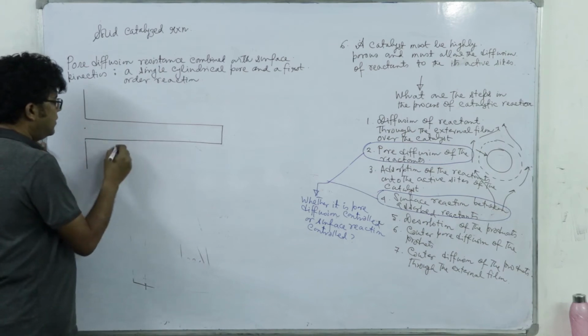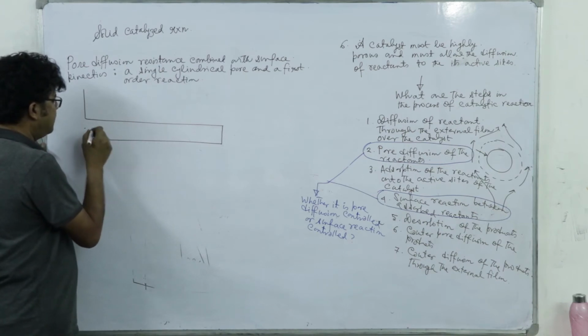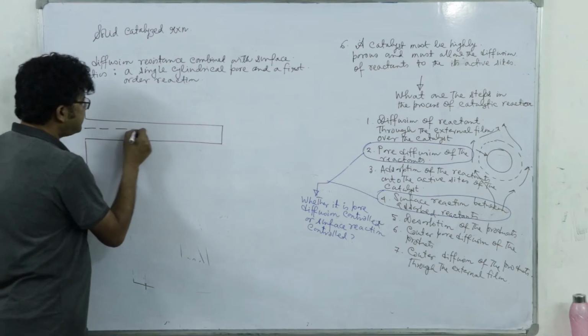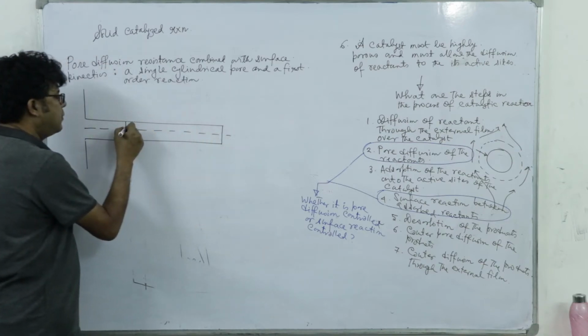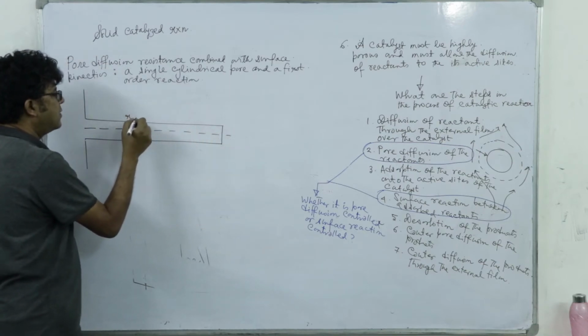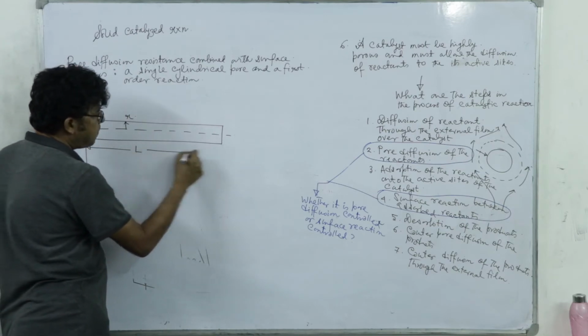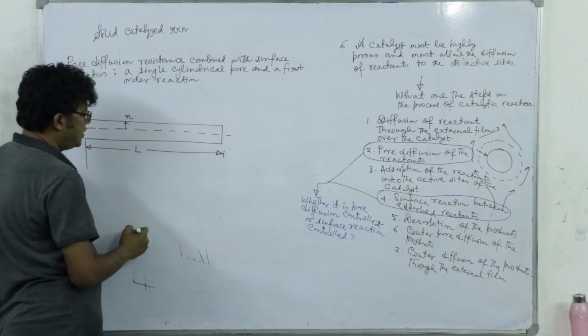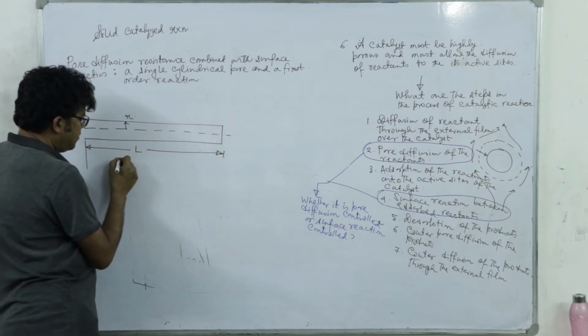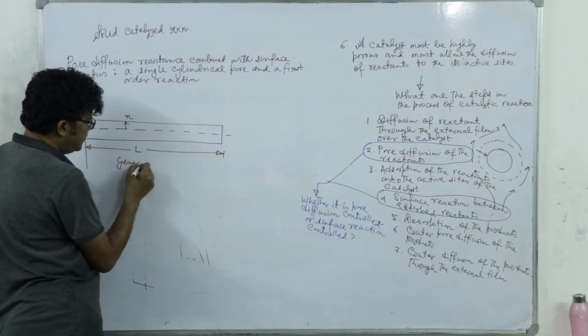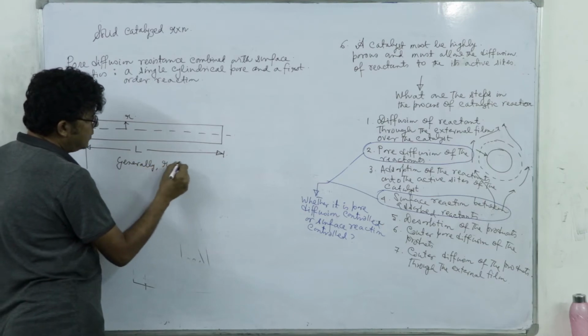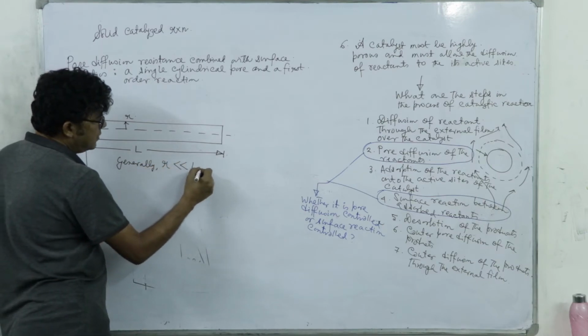Generally what happens, the pore radius is R and the length of the pore is L, right. Generally what happens, R is much smaller than length.